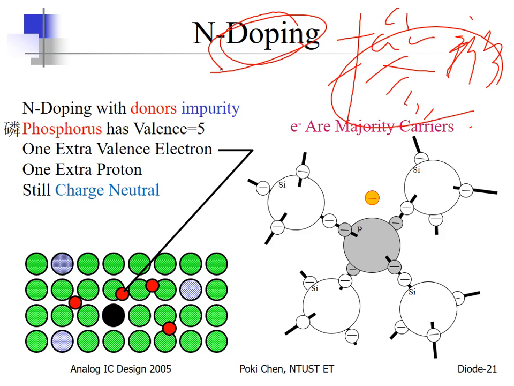Again, what is impurity? Impurity means the other kind of atoms. Okay, different from the original one. Very good. After doping, you will get much better performance than the intrinsic one.